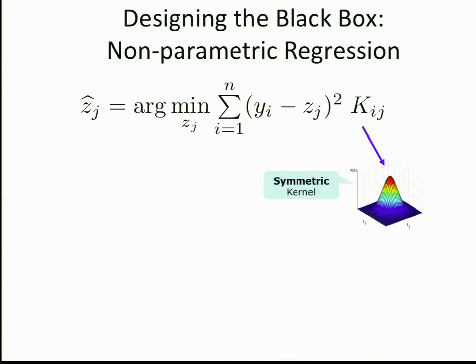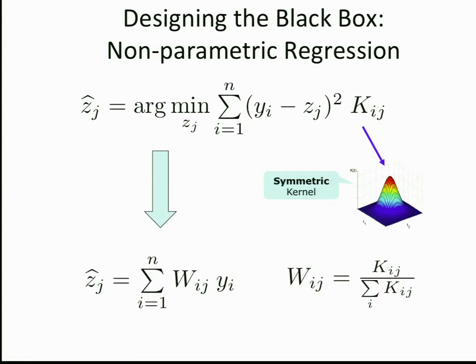Okay, so this very simple weighted least squares problem is going to be written down many, many times. In fact, it's going to be written down as many times as you have pixels. It's going to be written down for each z sub j, right? And if we solve this for each z sub j, we're going to get a very simple result. The result is the following.